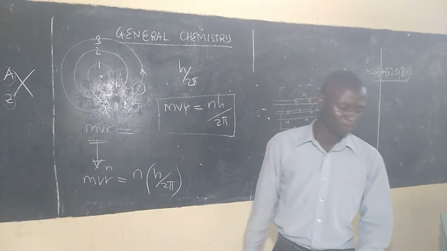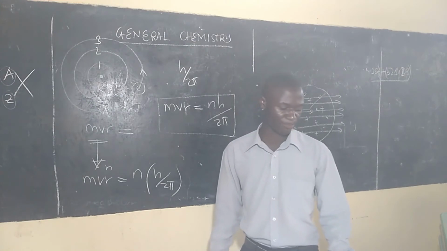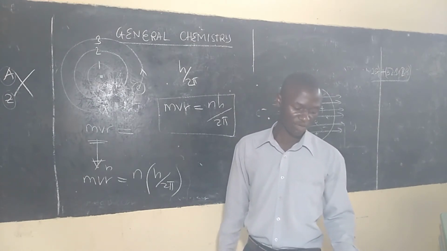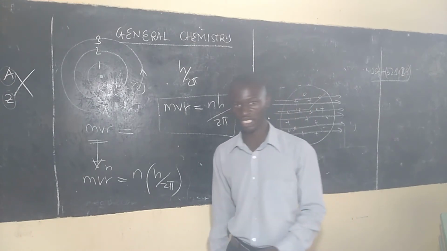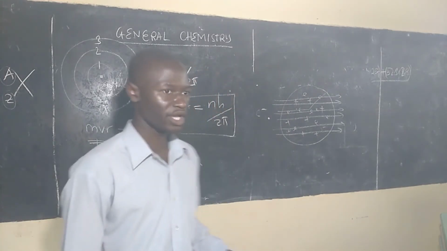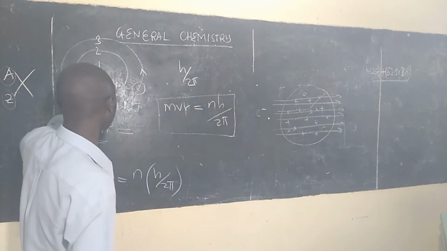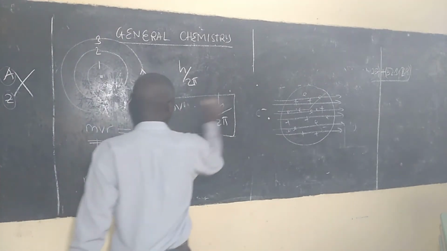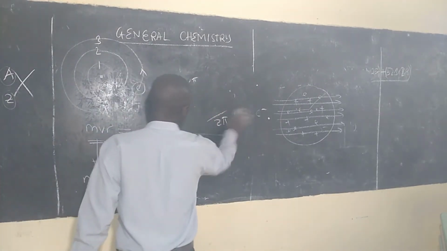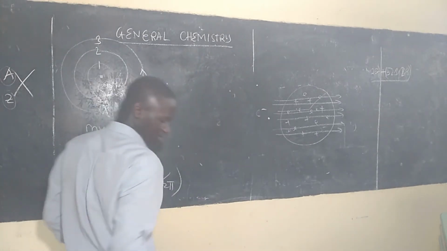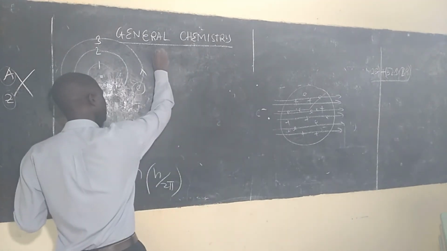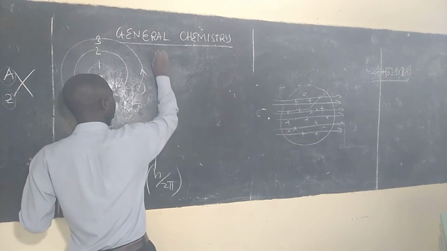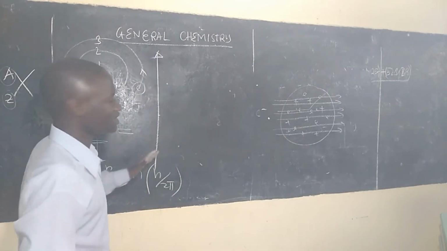So from there, number 3, electron can jump from one orbit to another, and when it does so, it emits or absorbs energy. Electrons can jump. An electron has the ability to jump, going from 2 to 3. According to how Bohr suggested, here we have this line. This line represents increase in energy.